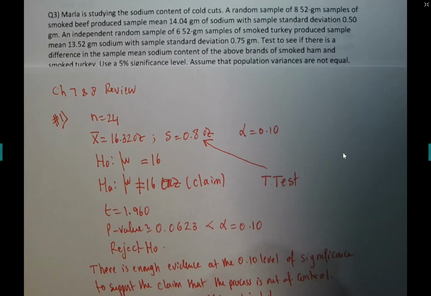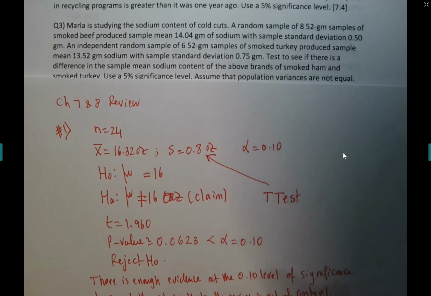An independent random sample of 6 52-gram samples of smoked turkey, so beef and turkey. N2 is 6. Produced a sample mean of 13.52, as you can see, so X2 bar is 13.52. And standard deviation S2 is 0.75 gram.